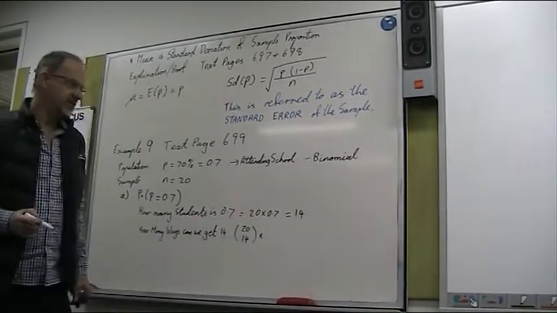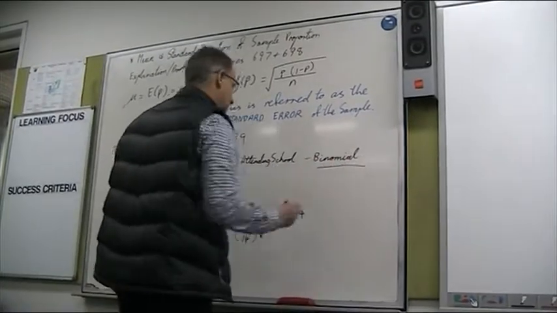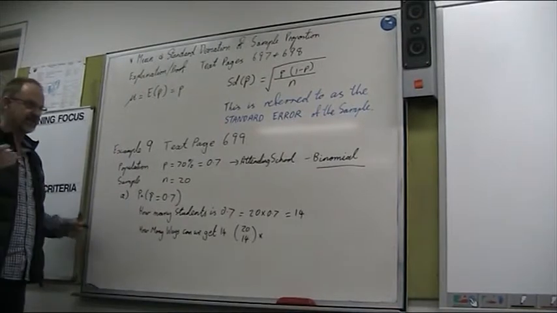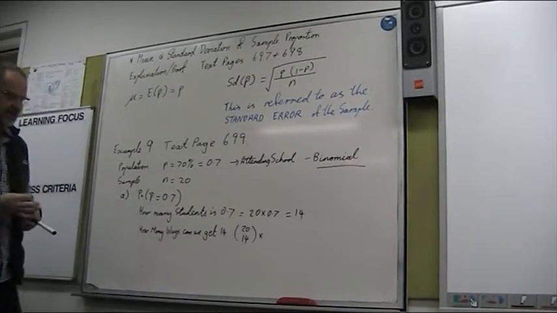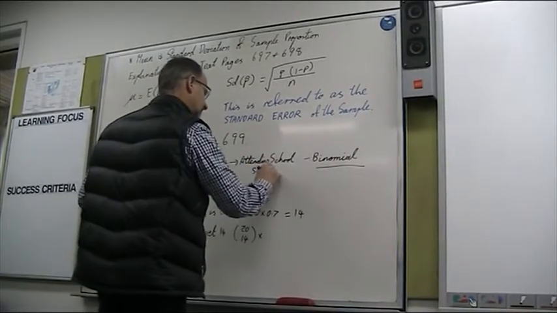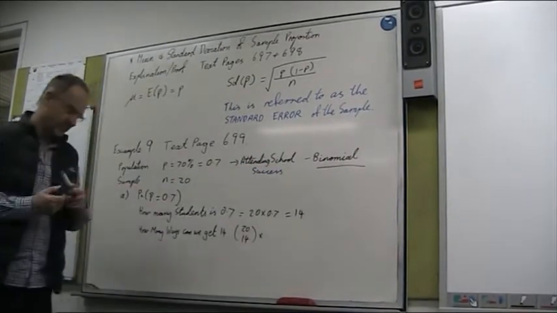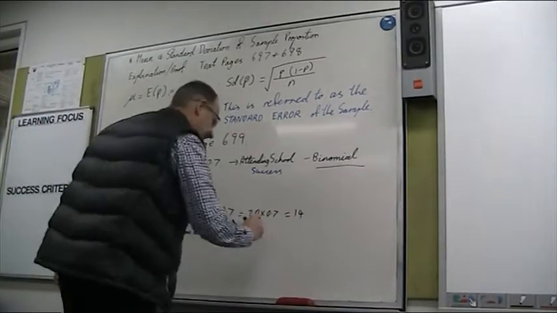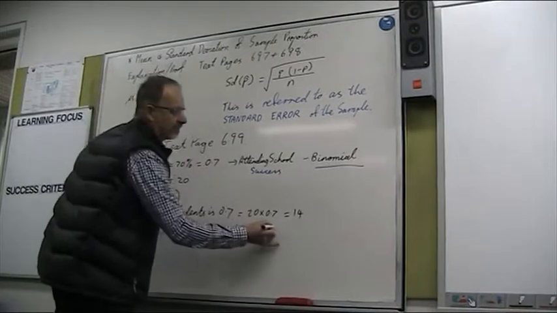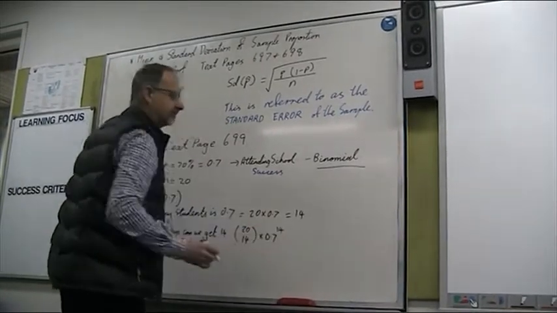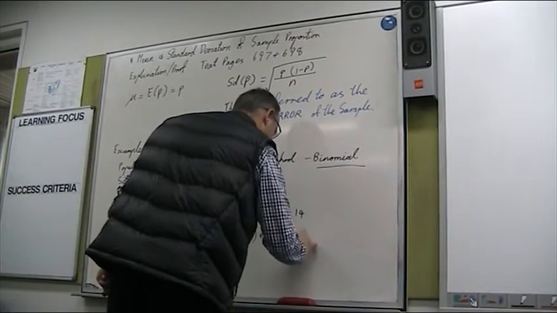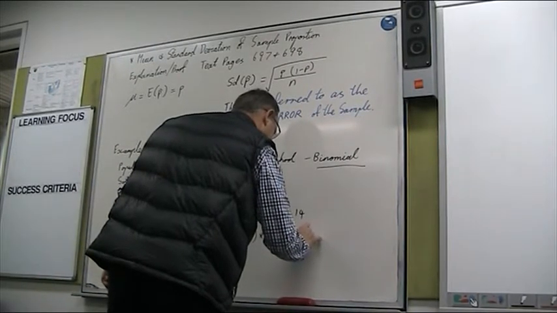Now, if we're using binomial, binomial is talking about probability of success and failure. Success in this case is attending school. And so the probability of that is 0.7, and we've got 14 that are attending school. Then our failure is 0.3, and if there's 14 attending, there's 6 not.